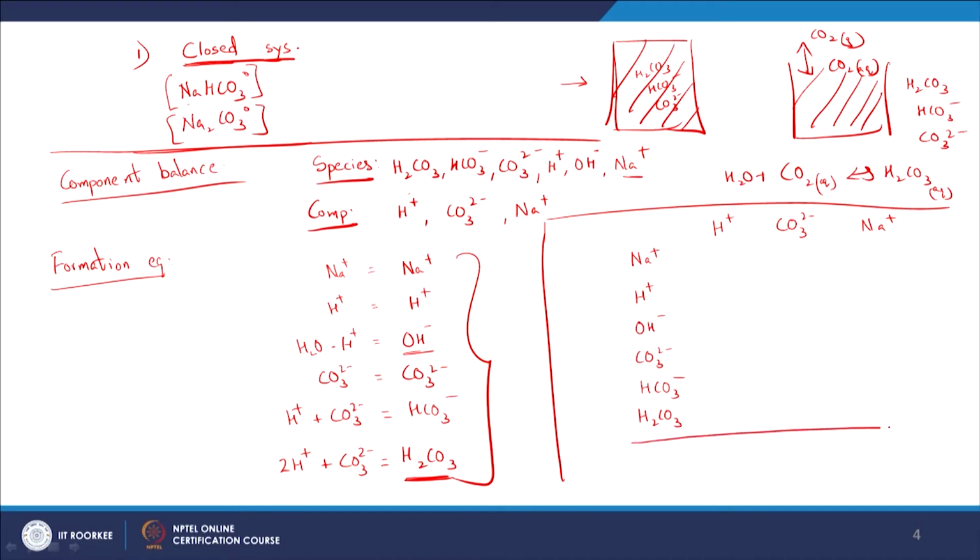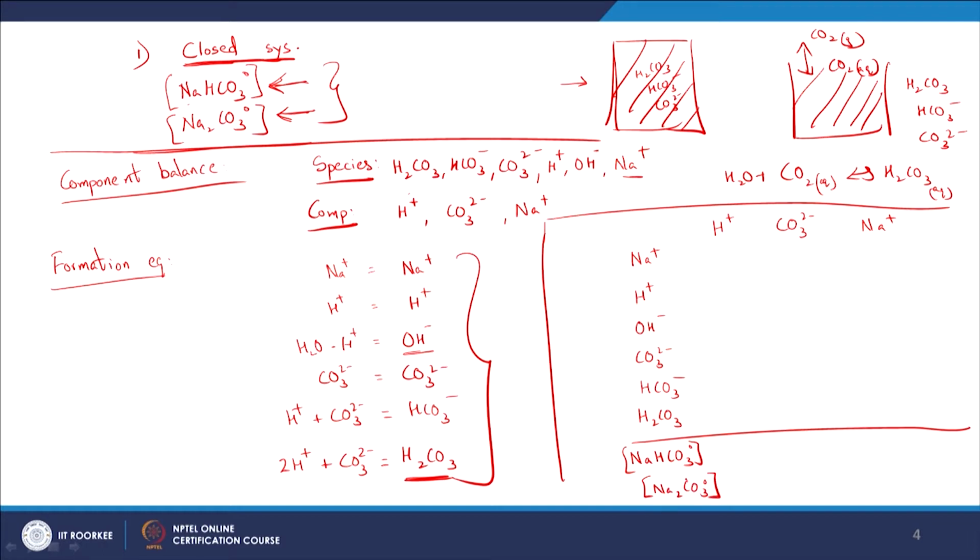In the tableau though, we are also always going to have to list our recipe species or the species that we are adding to the system initially, and these are the two species here. And what are they here please? NaHCO3 naught, or the initial concentration of NaHCO3 that we are putting in, and Na2CO3 naught.